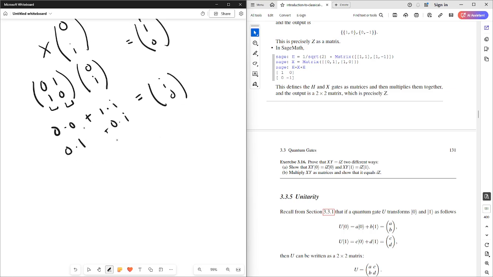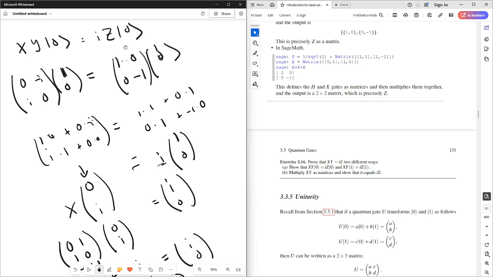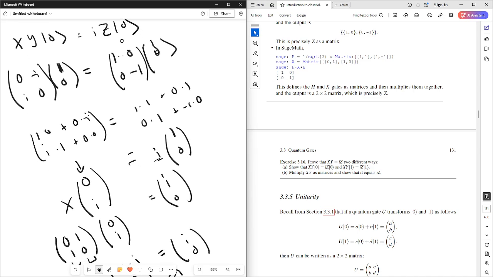Simplifying here, we've got 0 plus I, and 0 plus 0, 0. So the X and Y gate applied to state 0 is the same as applying a Z gate to 0 and then multiplying by I.